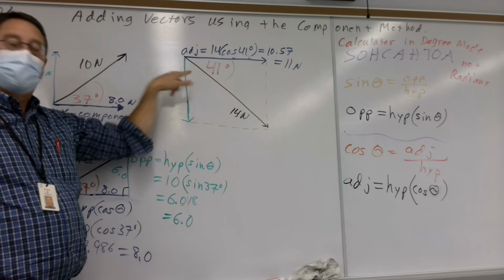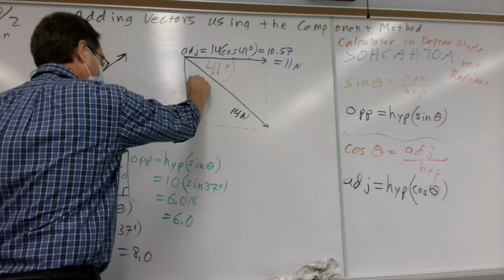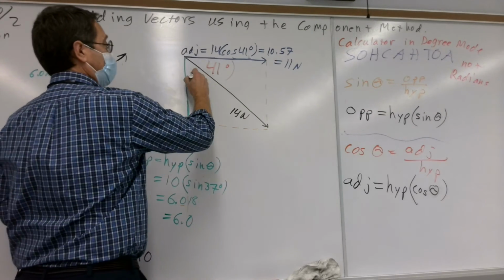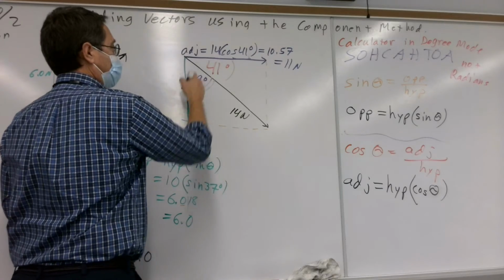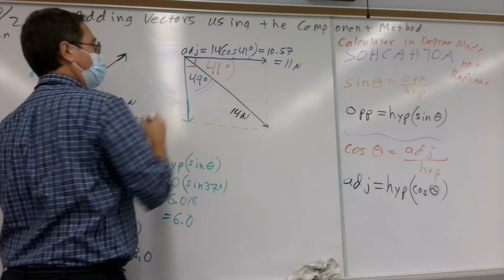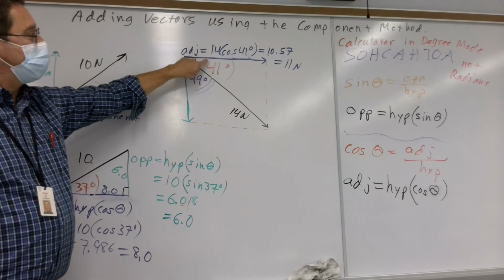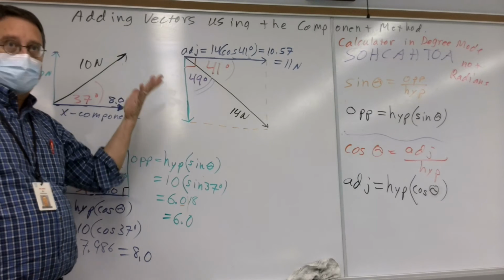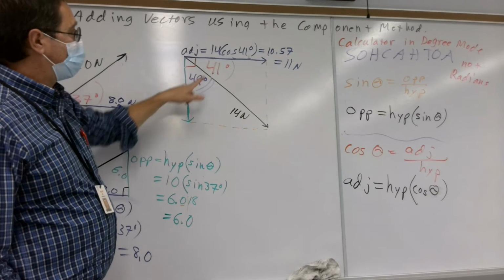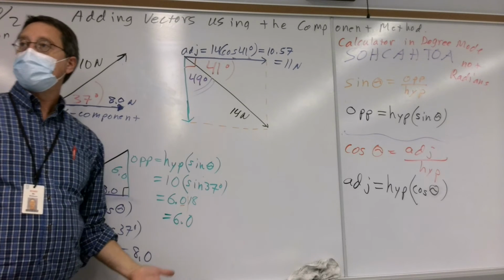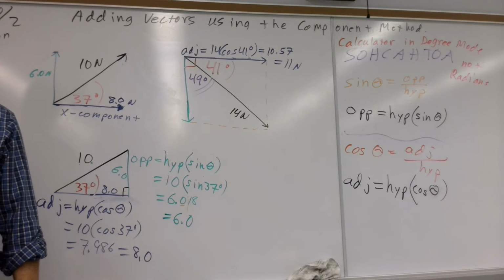What's this angle got to be? 49 degrees, because we know that this is a right angle up here, correct? This is a right angle because we know the horizontal and vertical component vectors are perpendicular, because one's horizontal, one's vertical. So therefore, these angles will be complementary. They both add up to 90. So you can easily find the other one, right?